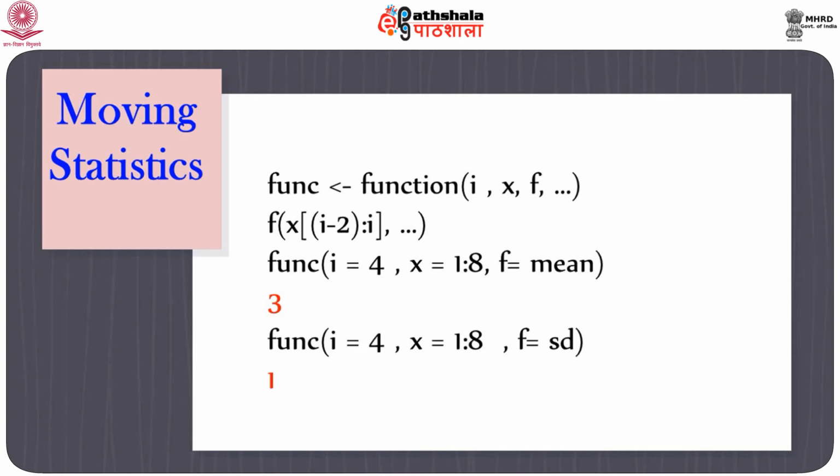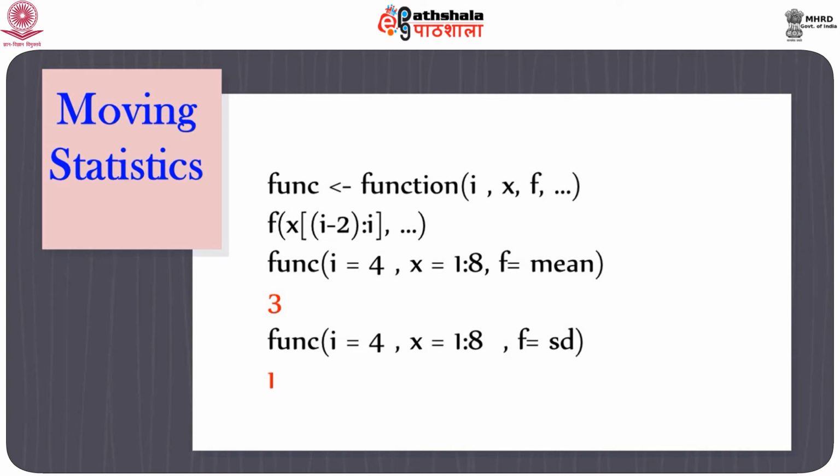Now let's see what happens when we start putting the arguments within the func function. Here we are taking i equal to 4, and x contains the values from 1 up to 8. So these are the arguments. Here the function that will be used is mean.